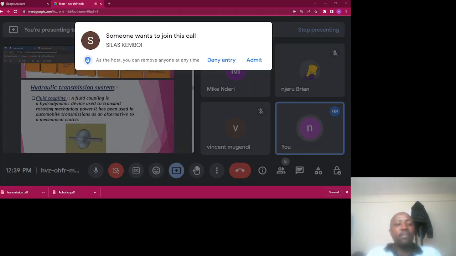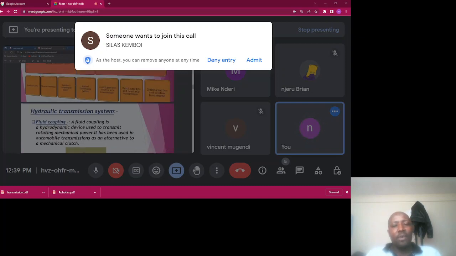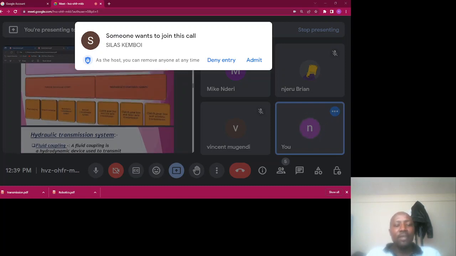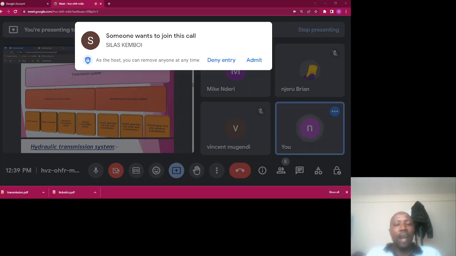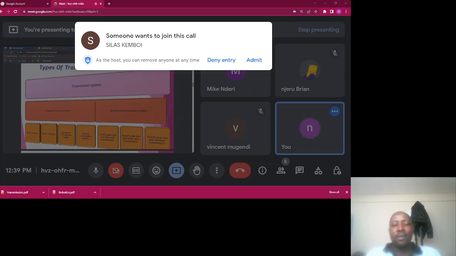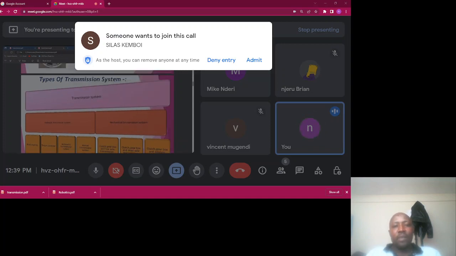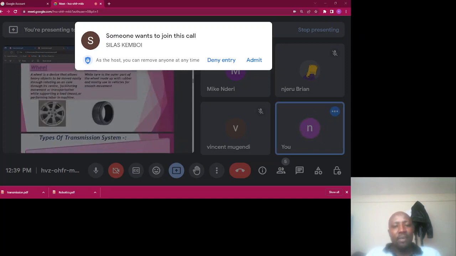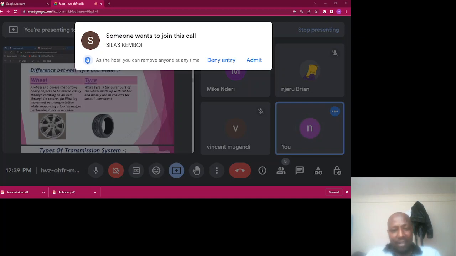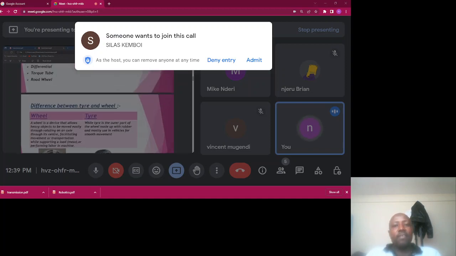Let me name them in an orderly manner. We have the clutch, the gearbox, the propeller shaft, the universal joints, and the final drive.